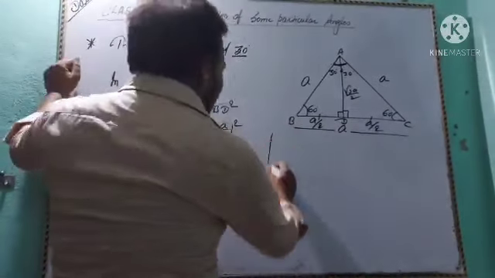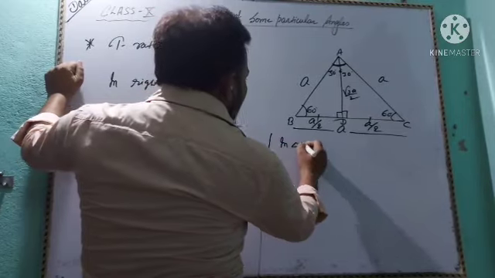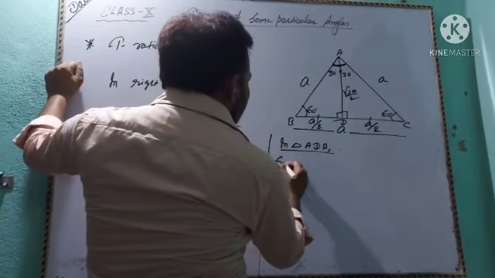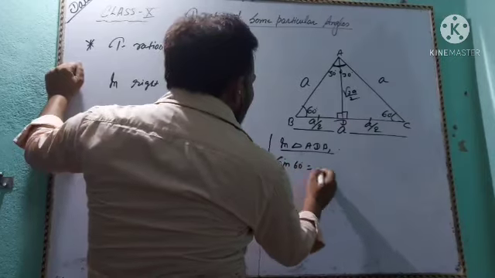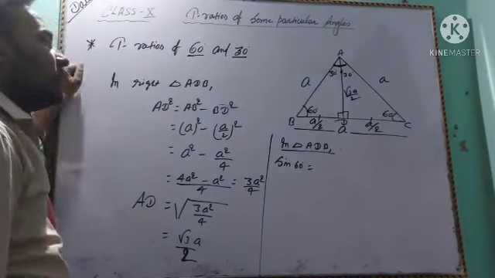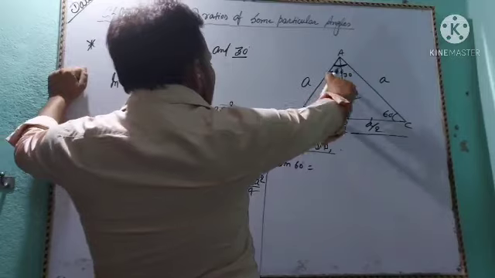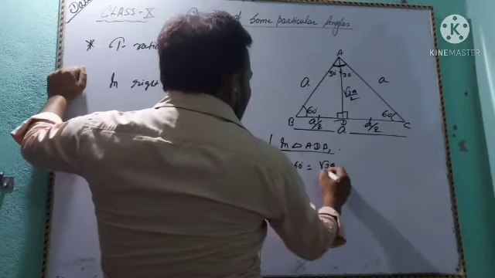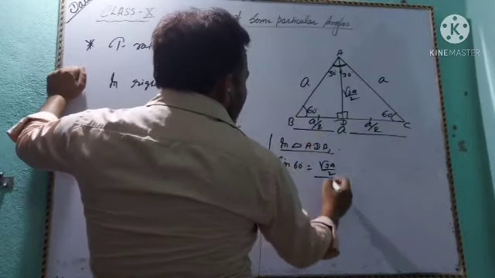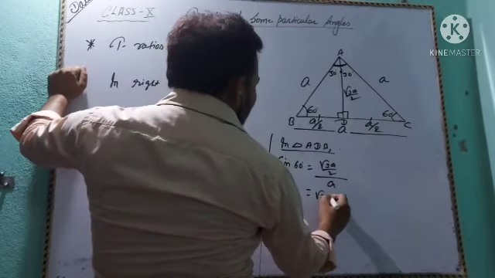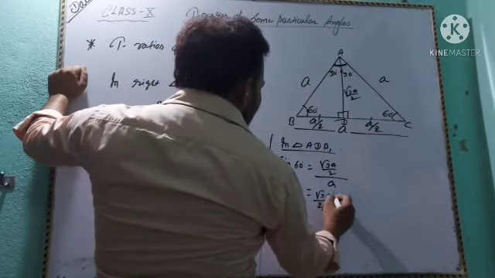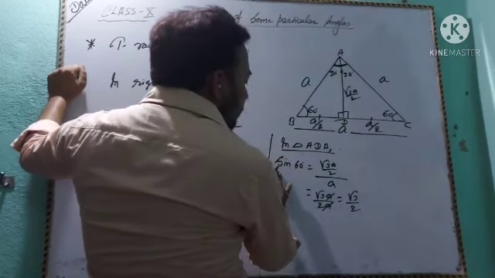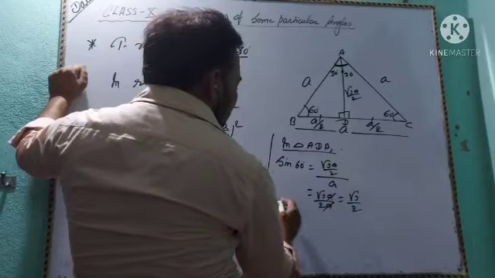In triangle ADB, for sin 60 degree, that is the perpendicular AD by the hypotenuse AB. AD is root 3a by 2 and hypotenuse is a. Root 3a by 2a, a is cancelled, that is root 3 by 2. So the value of sin 60 degree is root 3 by 2.